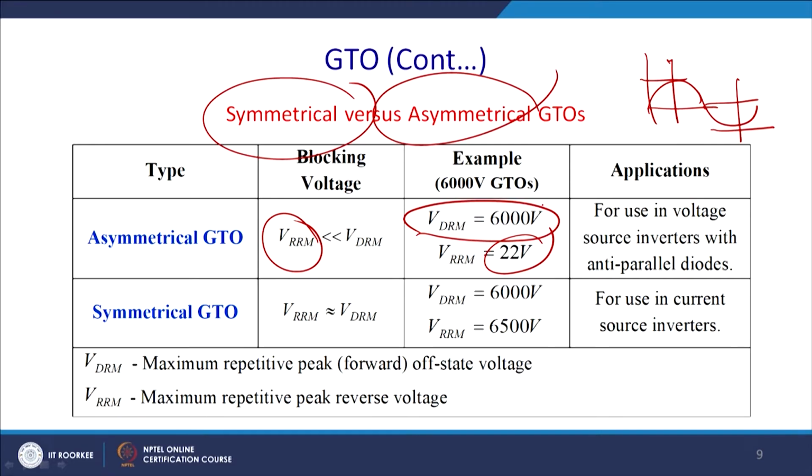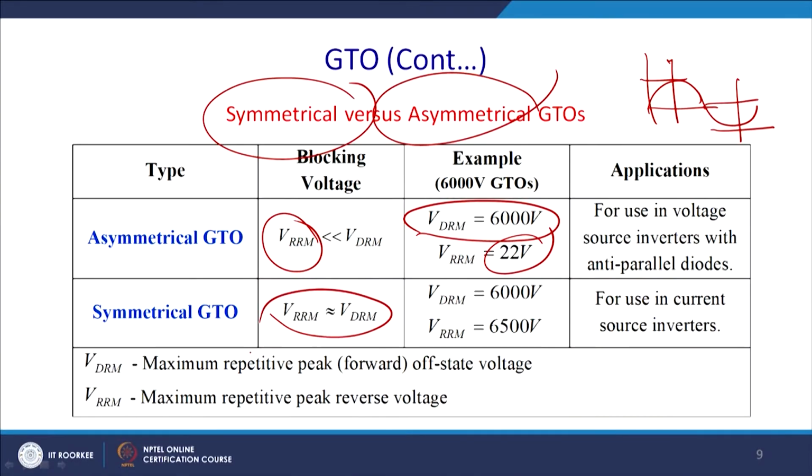And GTO can be used for CSI, a topology we shall come across after this, called the current source inverter, where these two values are almost the same, and this is called symmetrical operation. Their VDRM and VRRM are almost close to 600 volt, it is 6500 volt, and so it is used for the CSI.